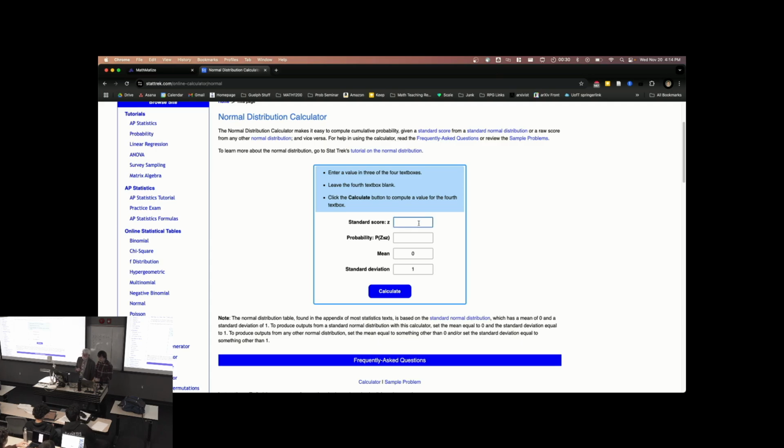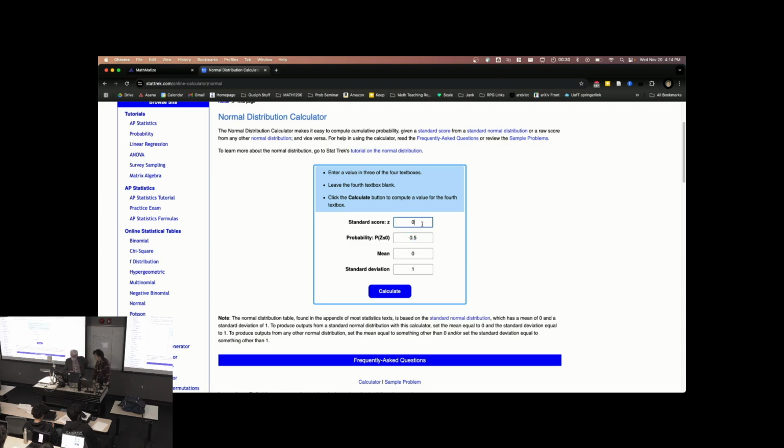Hold on, I want to put in 0. For the record, this is my first time ever on this website. What do we think it's going to do if I do 0? Hit calculate. You should know what it's going to do. 0.5. Oh, yeah, that makes sense. Got the bell curve in the middle. 0.5. Okay. That establishes my sanity in the world.